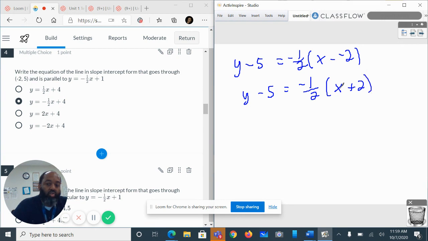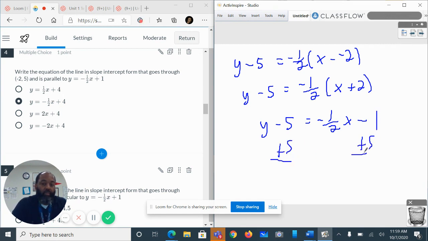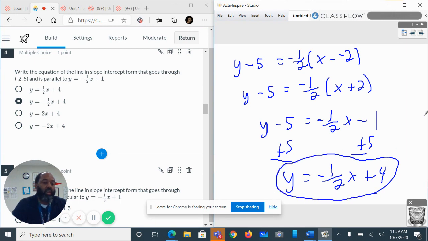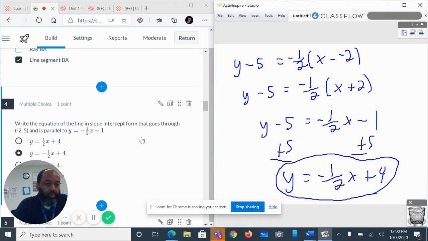You rewrite it, distribute. So y minus 5 equals negative 1 over 2x, negative 1/2 times 2 is negative 1. Add 5 on both sides. Bam. y is equal to negative 1 over 2x plus 4. That's it. And again, that one is there. A lot of mistakes.